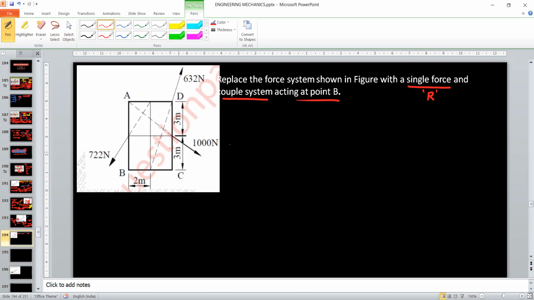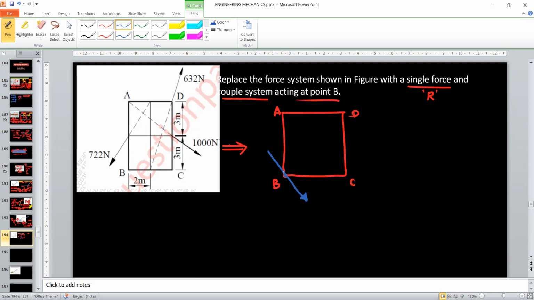Okay, that means if you replace this system by a new system, then that single force we need to shift to point B. Okay, so just assume the force is in this direction. Right? Okay, so right now we don't know what the direction is. So this is just an assumption.